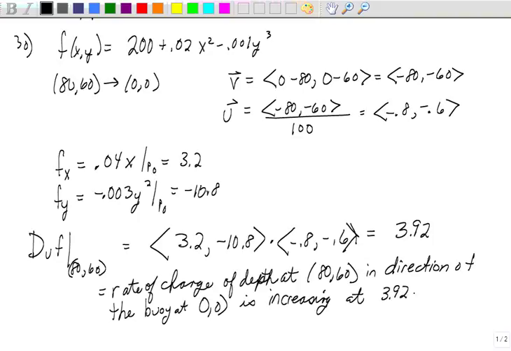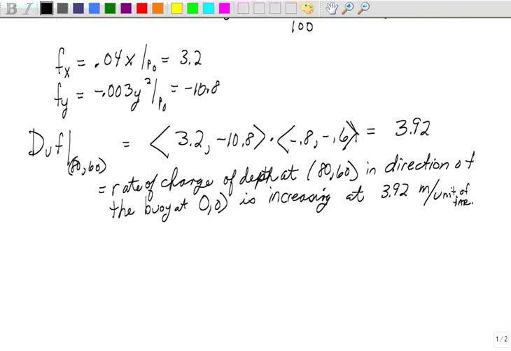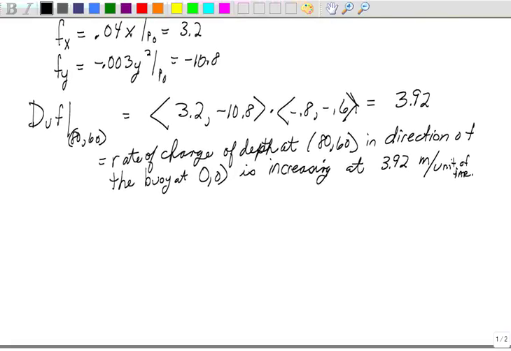What are the units here? Meters per unit of time. So the depth is increasing as you go towards the buoy. That was a pretty interesting problem, I think.